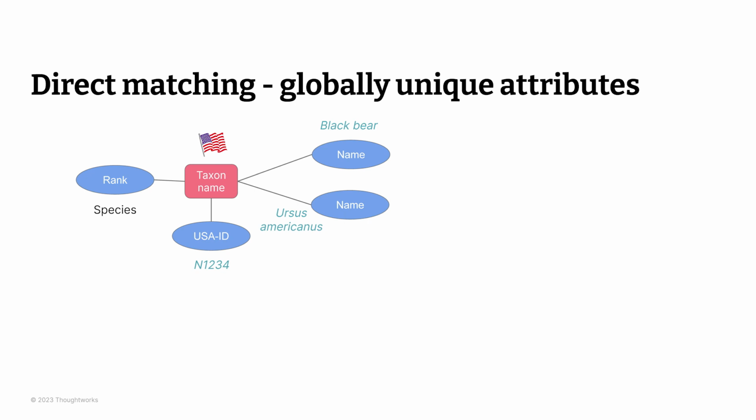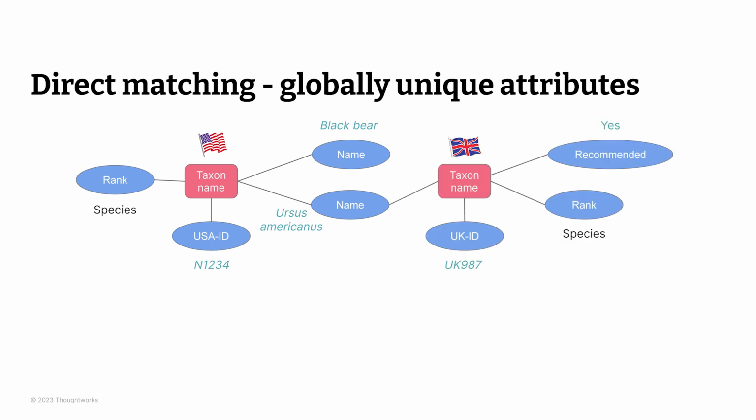And if the output of the identification of the species from the DNA barcoding is Ursus americanus, then we can take advantage of the fact that in TypeDB, these attributes are globally unique. So there's only one name attribute called Ursus americanus, which links these two taxon name entities. So you get a direct link between the two knowledge graphs automatically just from data modeling. And then you can basically retrieve the UK attributes like the ID. This is the recommended scientific name.